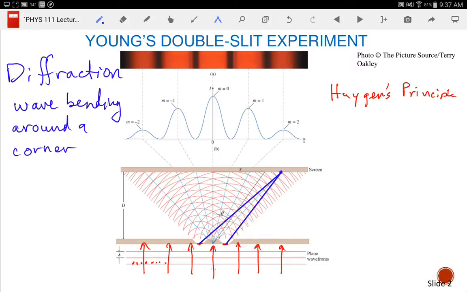They're different lengths. If the light was in phase when it came through the slits, but it had to go longer from one slit to my screen than it went from the other slit to the screen, what is that going to tell you about the phase between the light when it hits the screen? It's going to be off. And the amount it's off depends on the difference in the two path lengths.